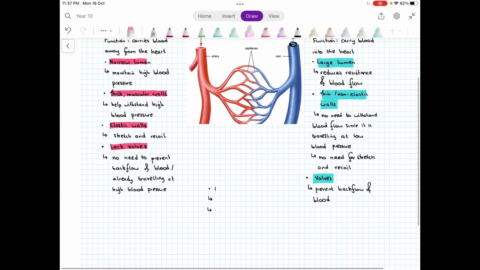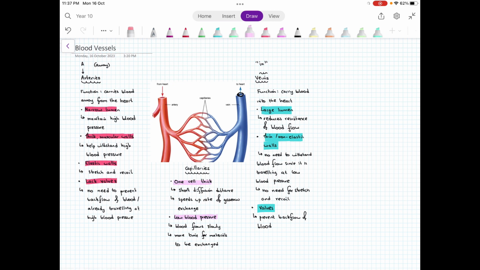So capillaries are one cell thick, and blood is traveling at low blood pressure.